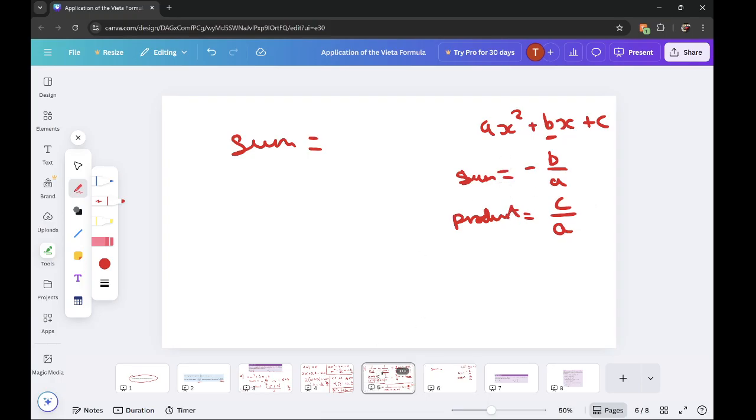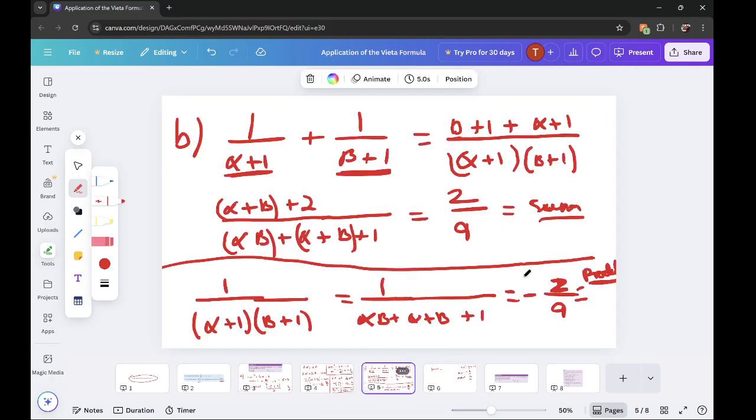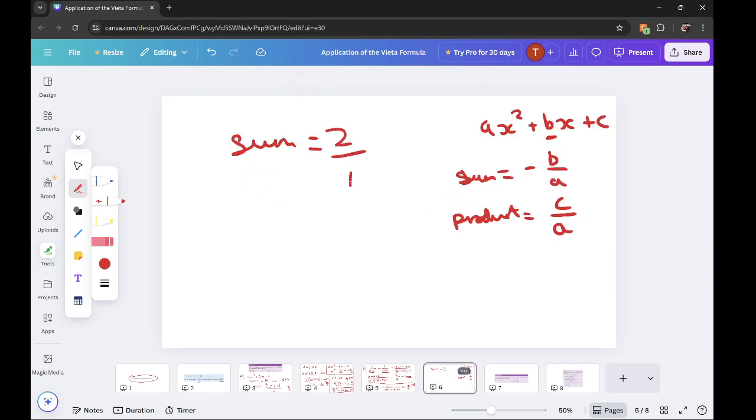So once you get this, you know that your sum is equal to 2 over 9. Product is equal to minus 2 over 9. So we know our equation can actually be written as x squared plus b over a x plus c over a.